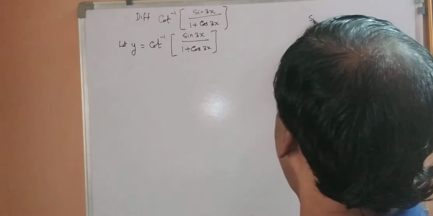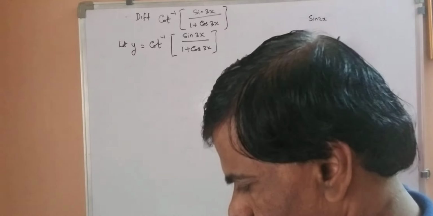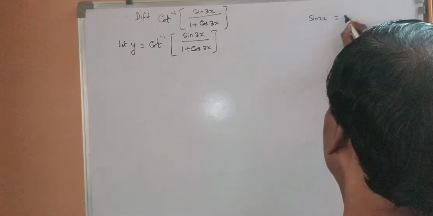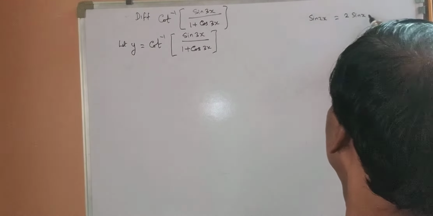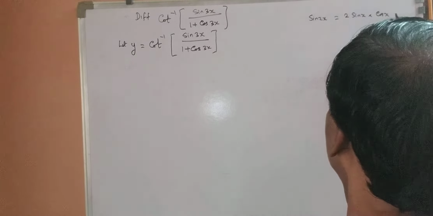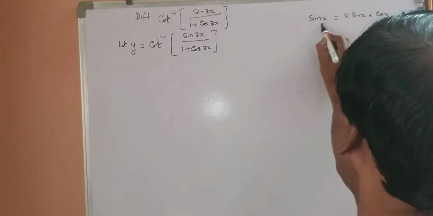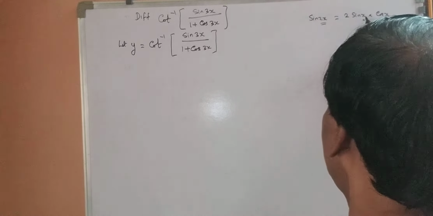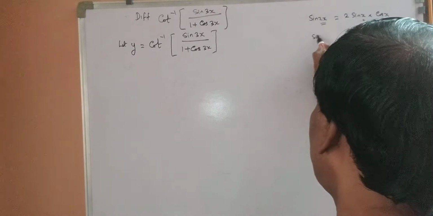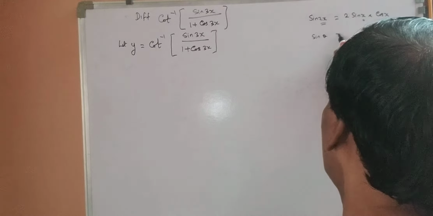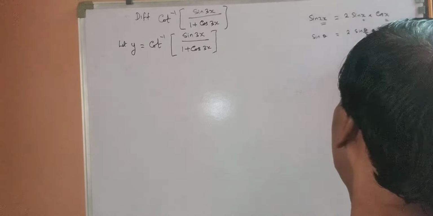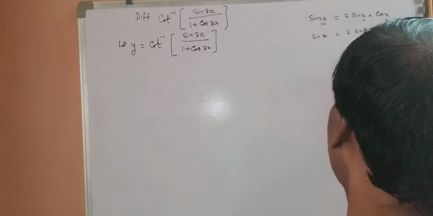Now, what is the sin 2x formula? 2 sin x into cos x. If it is 2x, it is 1x; that means here 2x means it is 2x divided by 2. That means sin theta equal to 2 sin theta by 2 into cos theta by 2.